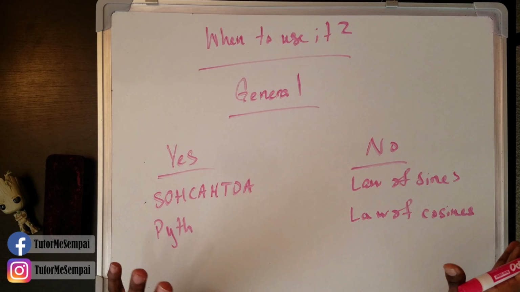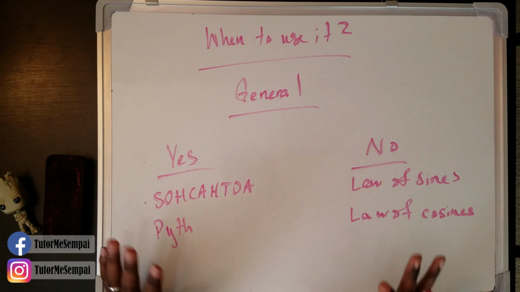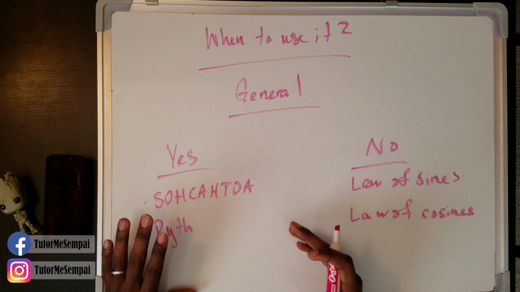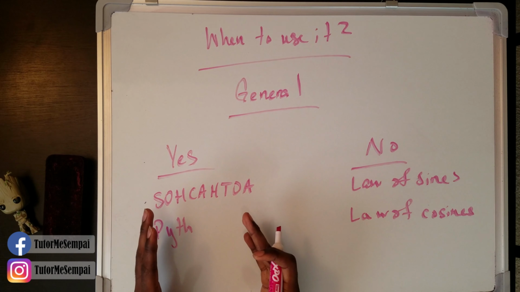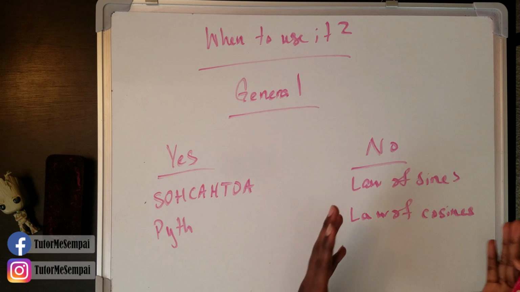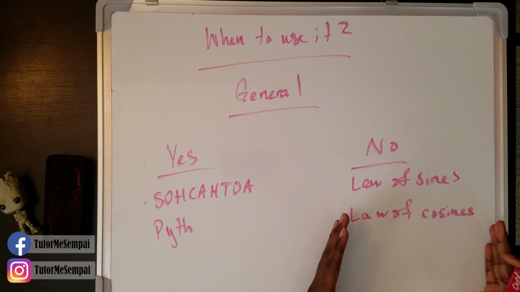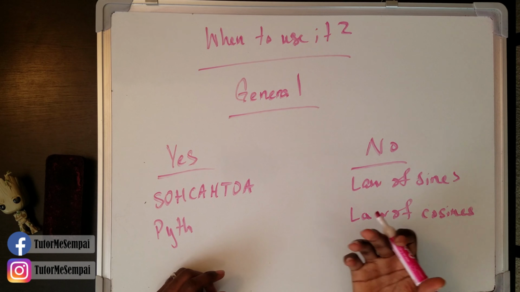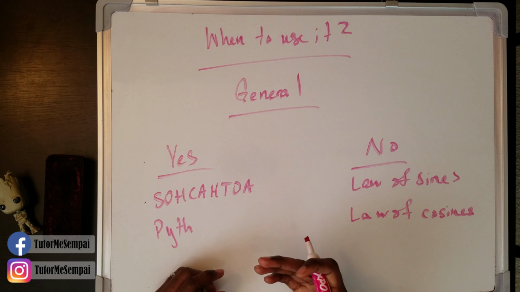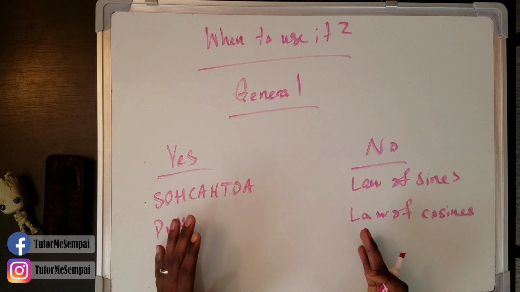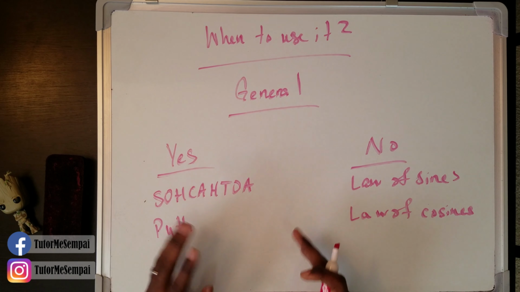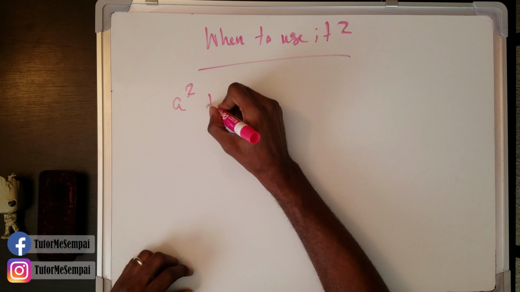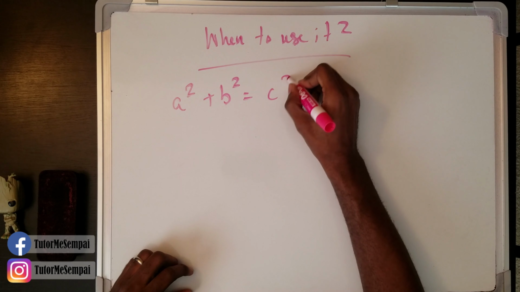So we already kind of answered this in our law of sines video, but there's a little bit more to this picture than just a simple yes, right triangle, you're going to be using these, no, you're going to be using these. Because if you remember, that formula looked very similar to something that you might have seen already, especially if you saw last week's video. And that's the Pythagorean theorem. If we take the Pythagorean theorem, we have a squared plus b squared equals c squared.